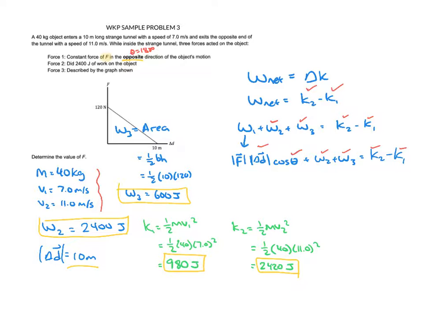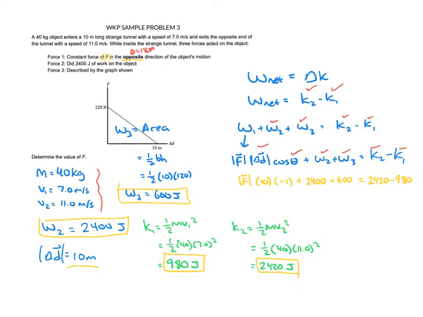Okay, so the equation is going to become force times 10 meters times cosine of 180, which is -1, plus 2,400 joules for work 2, plus 600 joules for work 3, equals 2,420 joules for K2, minus 980 joules for K1.